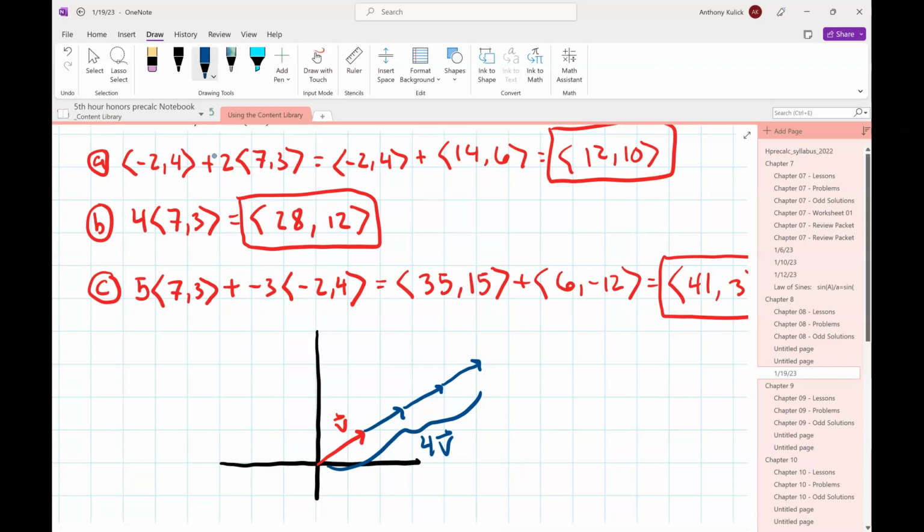Because for real numbers, 4 times 3 is the same as adding 4 together 3 times. So 4 times vector v is like 4 vector v's added one on top of each other.